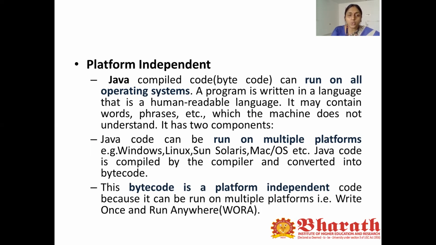So here it has two components, namely Java code, which can run on multiple platforms, that is Windows, Linux, Sun Solaris, Macintosh OS, etc. And Java code is compiled by the compiler and converted into bytecode. Here the bytecode is a platform independent code because it can run on any platform where the Java virtual machine is installed. So we can say that it is write once and run anywhere code.